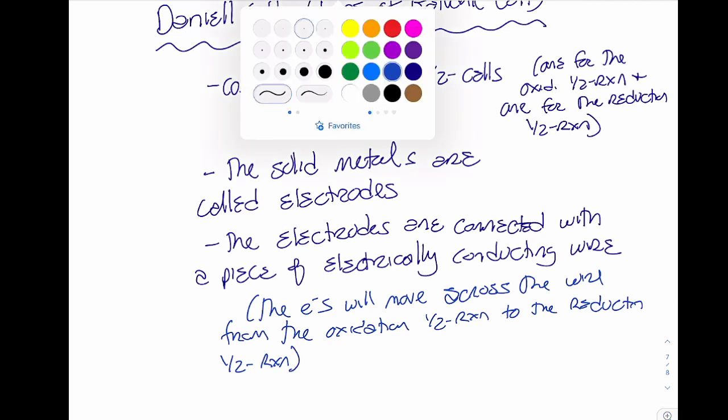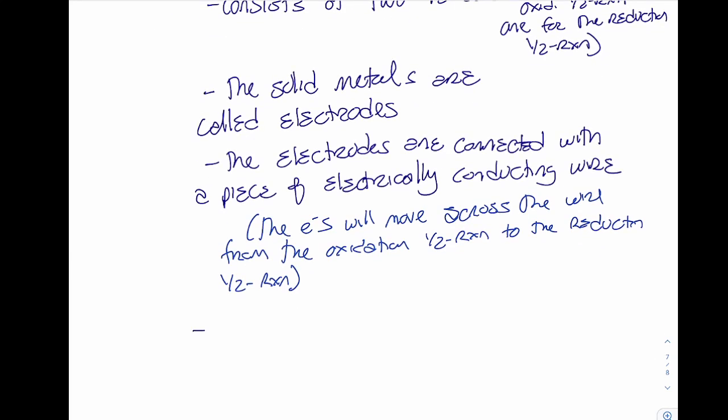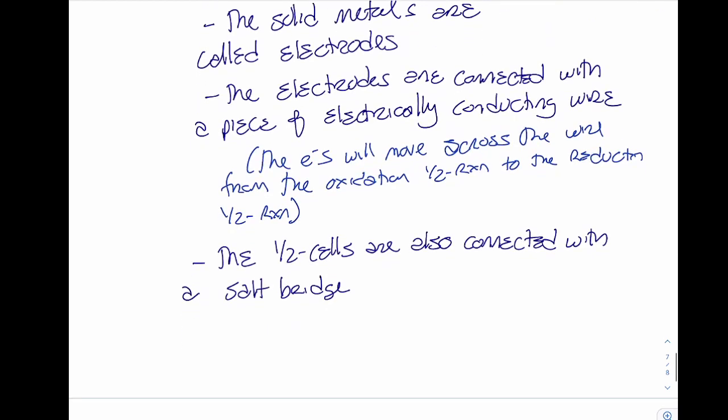They're also connected by what's called a salt bridge. And when I say they, I'm sorry, I mean the half cells. What our salt bridge is, often it's a tube. It could be really anything, but it contains an inert electrolyte.